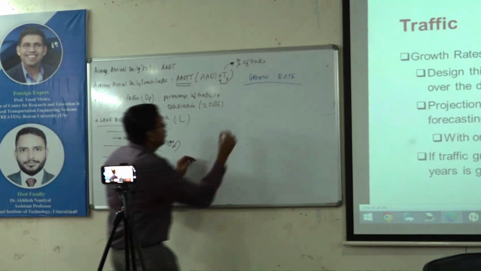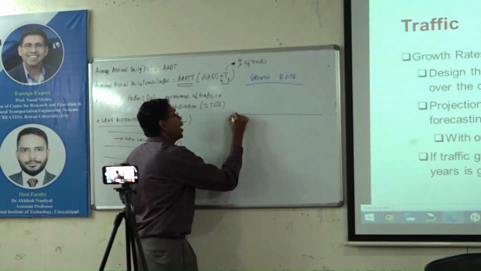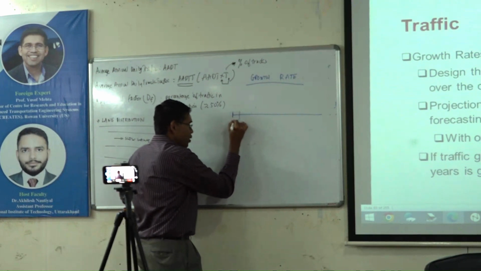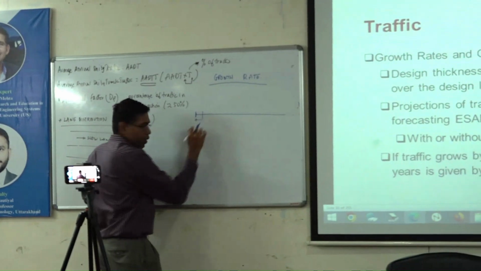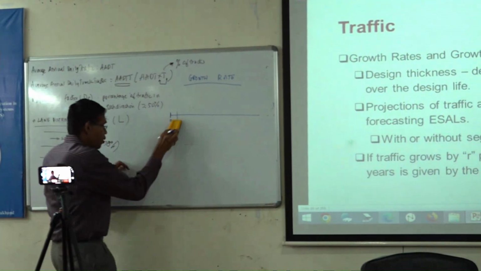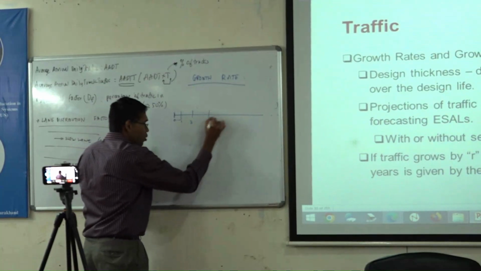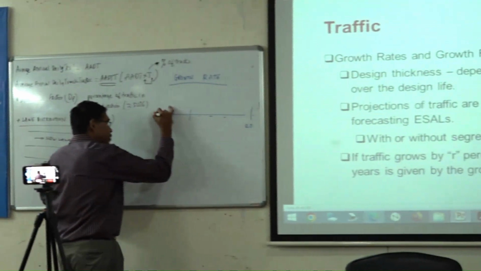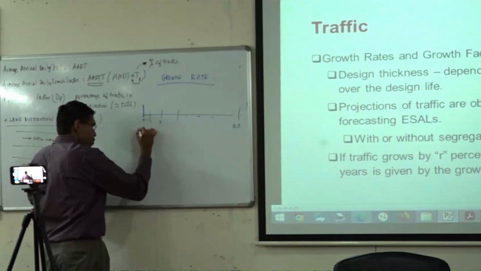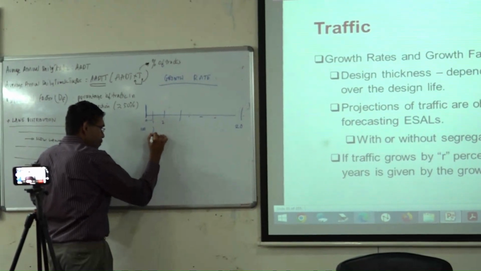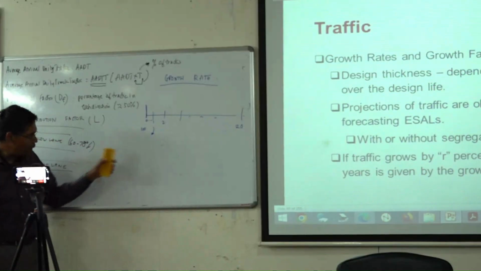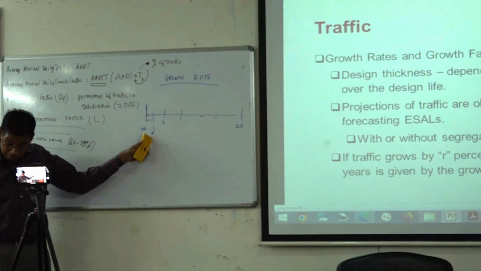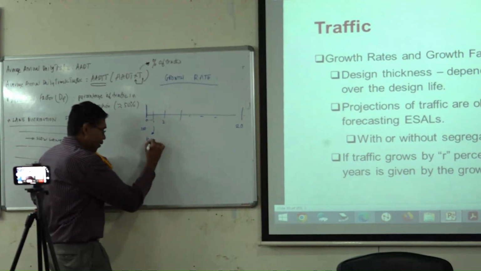This is year zero, construction just happened, then 1, 2, up to 20. Let's say the first year it is 100, and the growth is 5%. What is the number after the first year? 105. What is the next one?